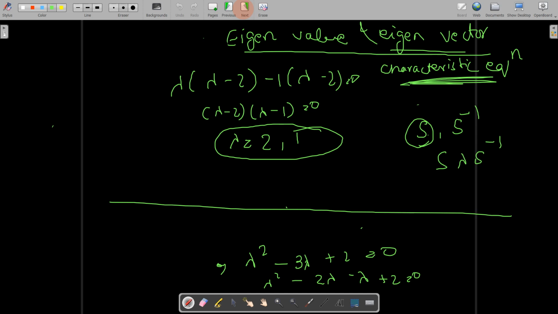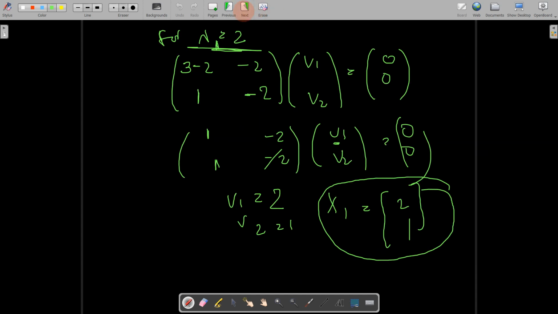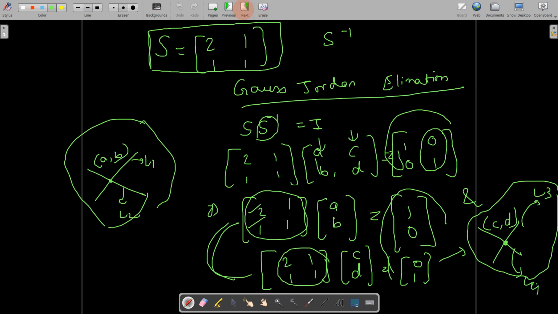In part 2 we found the characteristic equation and I explained the intuition of eigenvalue and eigenvector. And we found the value of the S matrix, that was the eigenvectors corresponding to the eigenvalues. Then in part 3, we discussed how to find S inverse using the Gauss-Jordan elimination method.